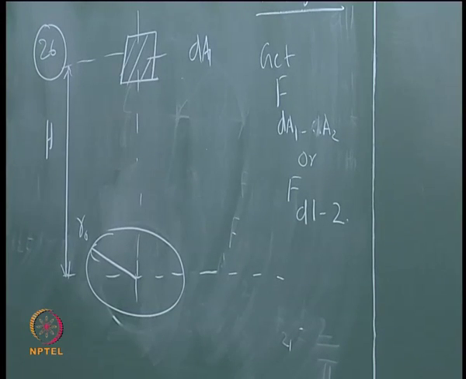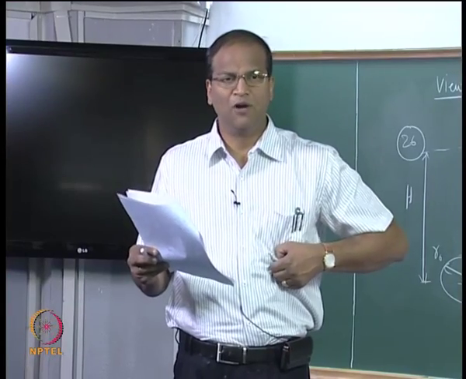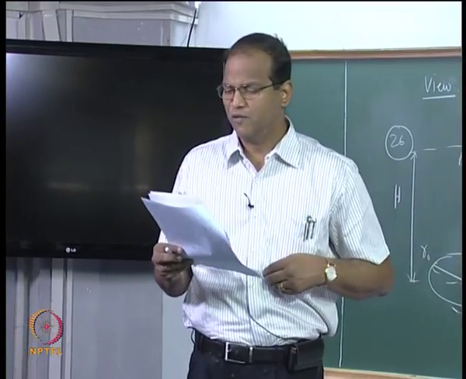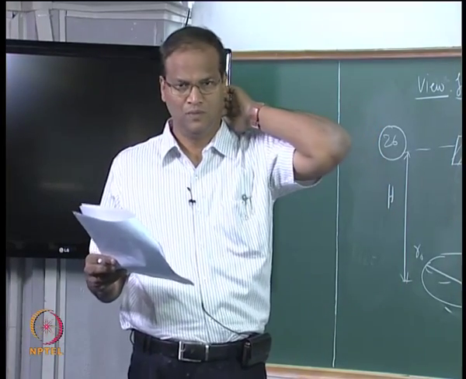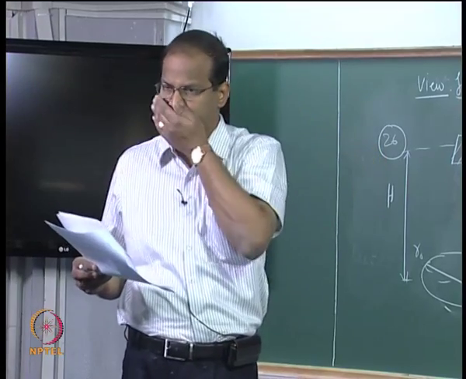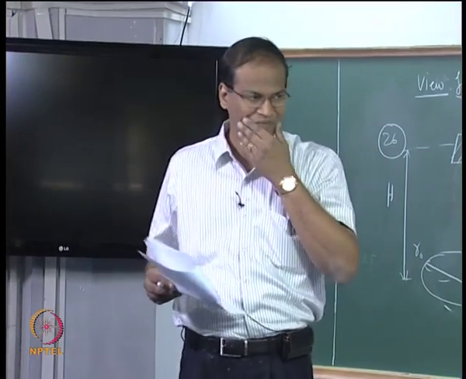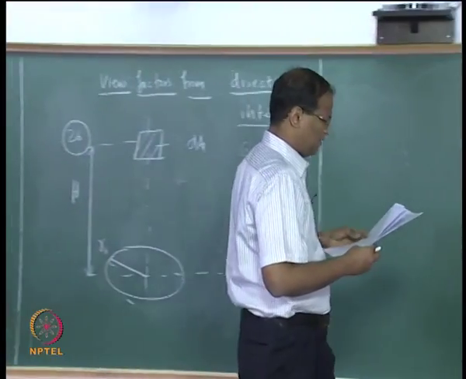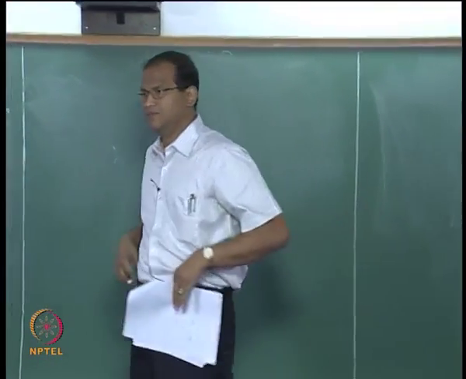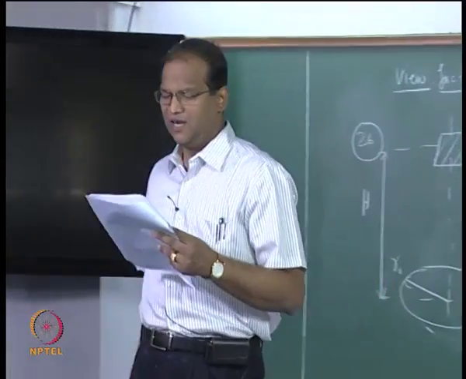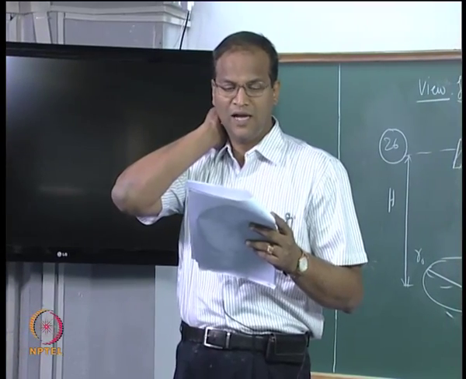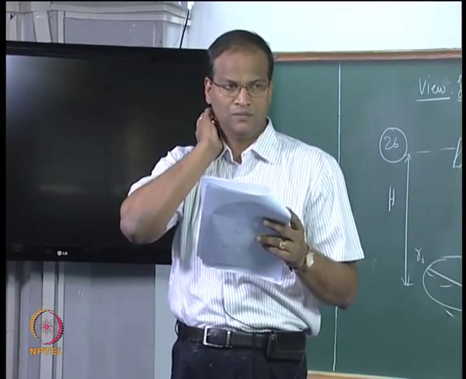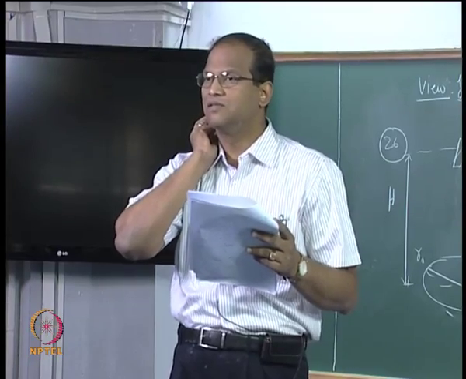That 1 is a differential area, so I qualify it as d1 dash 2, or else you can take it as dA1 into A2, whichever way. Determine the view factor between a differential area dA1 and a finite disk at a height of h from dA1, having a radius small r naught.